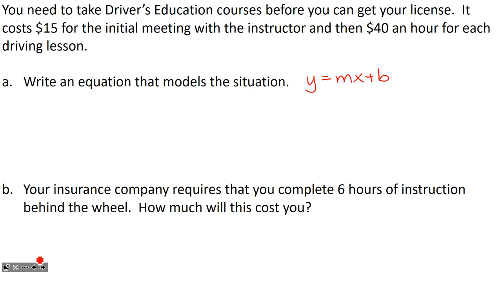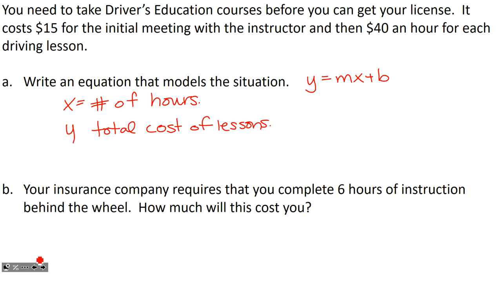We need to figure out how many hours we take lessons for. The number of hours could change, and also the total cost of all the lessons. Again, think about independent versus dependent variable. The number of hours is going to affect the total cost.